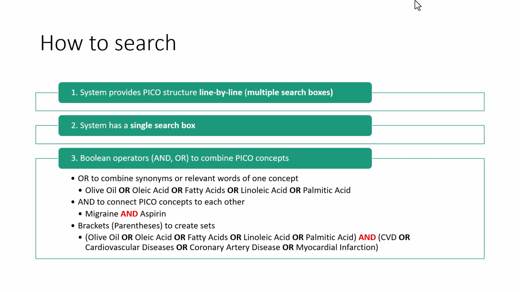And then if we have a longer search strategy, we use brackets to put the synonyms of each concept in one set. So here I have two bracket sets. I've put the olive oil set in the first set, and then I have AND, and the second set contains either the condition or the outcome.